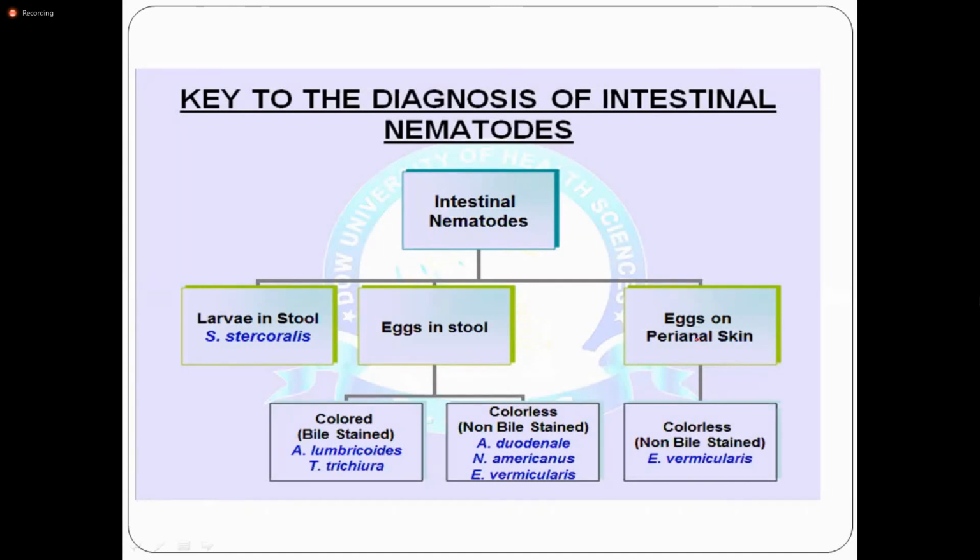Or eggs on the perianal skin, you should remember this, Enterobius vermicularis. So this concludes our lecture today. If you have any questions, you can write in the chat box.